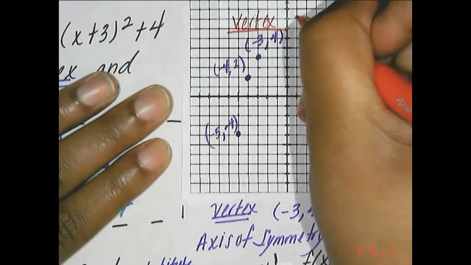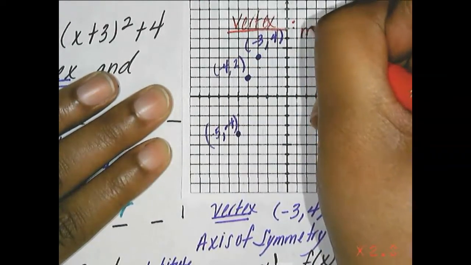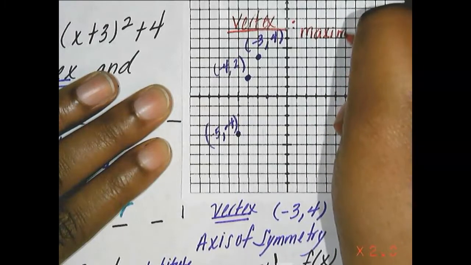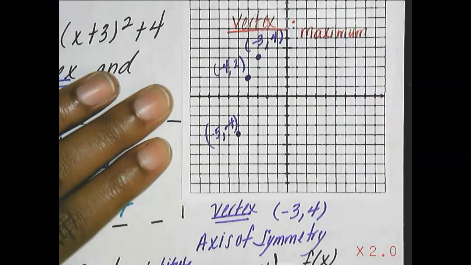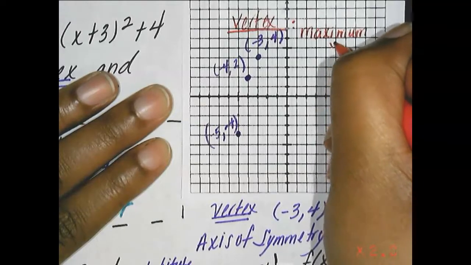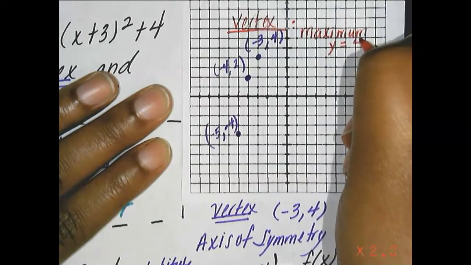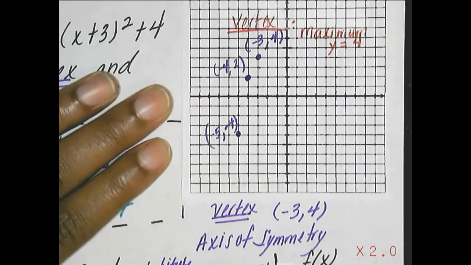My vertex in this case happens to be my maximum point. The maximum value in this case, y, is a +4. That's how high up this graph is going. Vertex, maximum point, the maximum value is y equals 4.